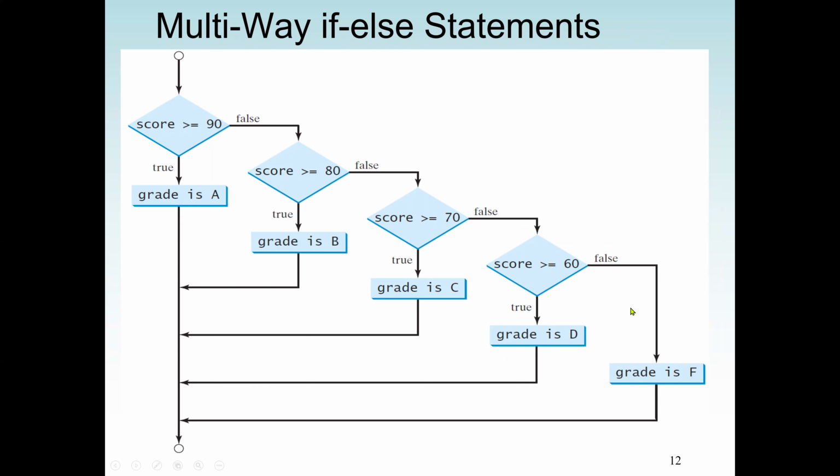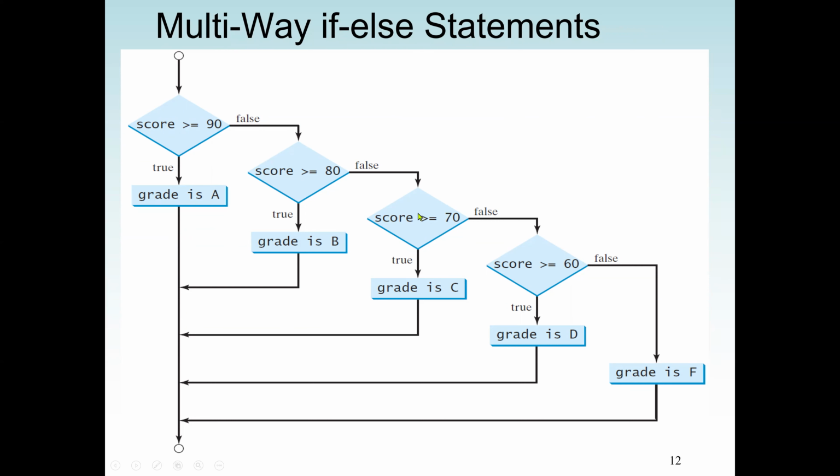Here you can see that we have at least four or five conditions. So first we check if the score is greater than or equal to 90. If it's false, then we go and check greater than or equal to 80. If it's false, then we check for greater than or equal to 70. Now, if the answer is A, it will print the A straight, so we are not going to check the rest of the conditions anymore.